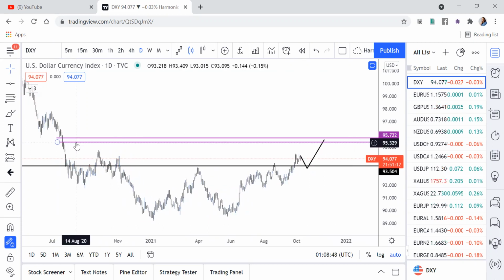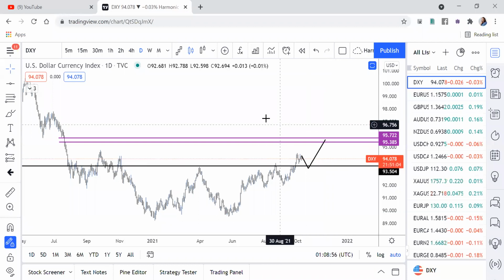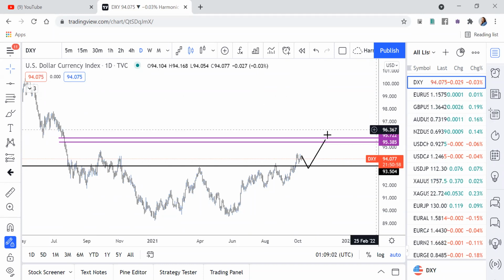So let's see DXY come back to this area of imbalance before it sells again. So really and truly the move is retest, continuation, fill this imbalance, and then look for a sell again.